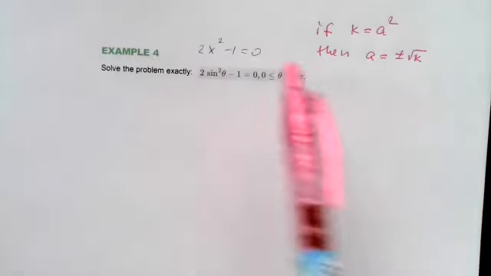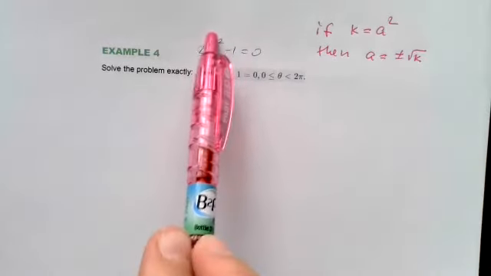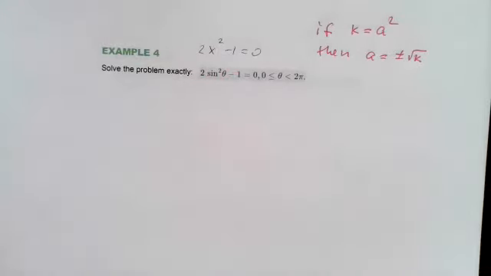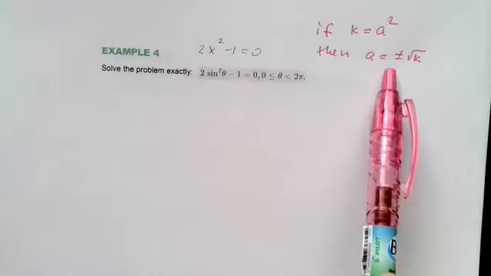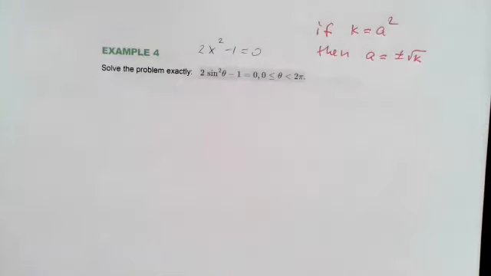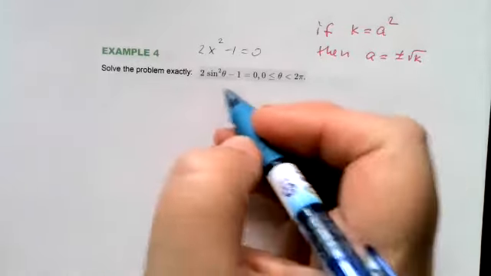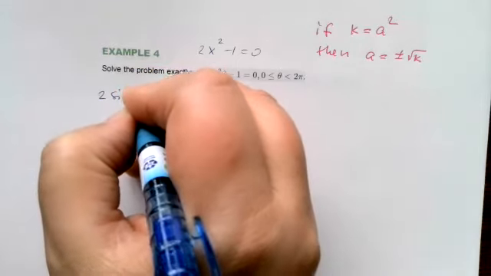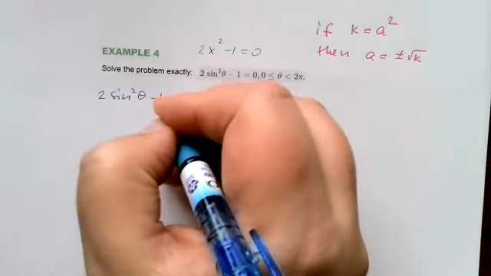So we're going to first solve for sine squared theta, put everything else on the other side, and then we apply the square root property to finish solving it. Okay, so let's do that. Isolate the trig functions first.